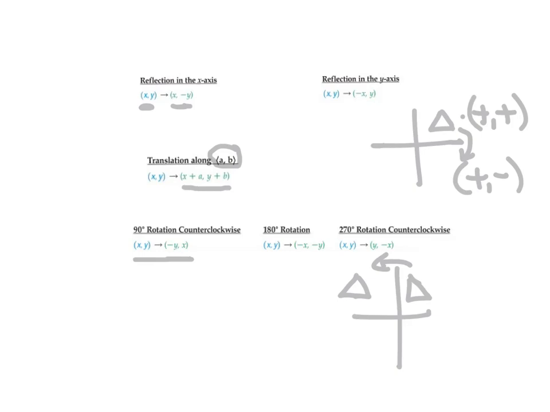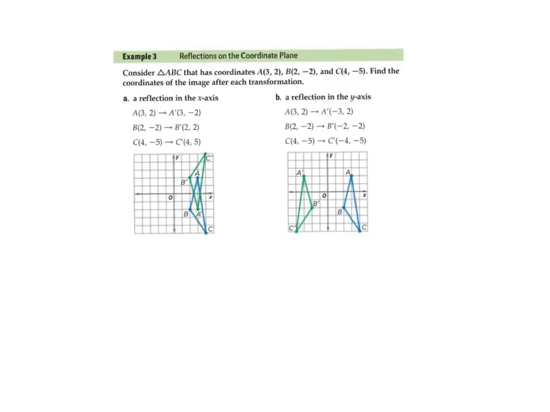The positive stays as the x, but as you can see, they go in a different order. Okay, and then the same with 180 and the same with 270. Okay, so you have to remember these. Unfortunately, it does help you though when you are then redrawing the image from the pre-image.